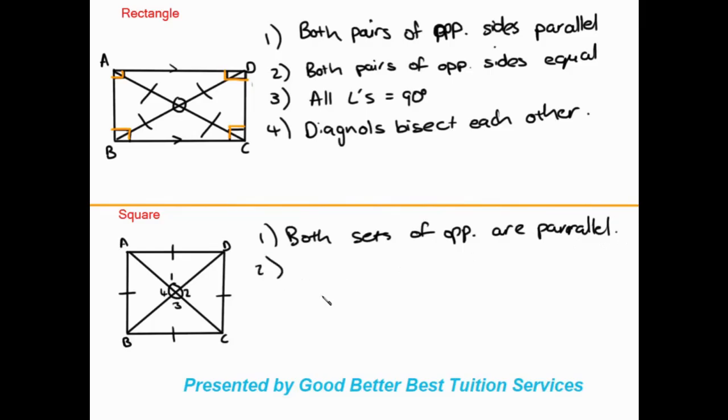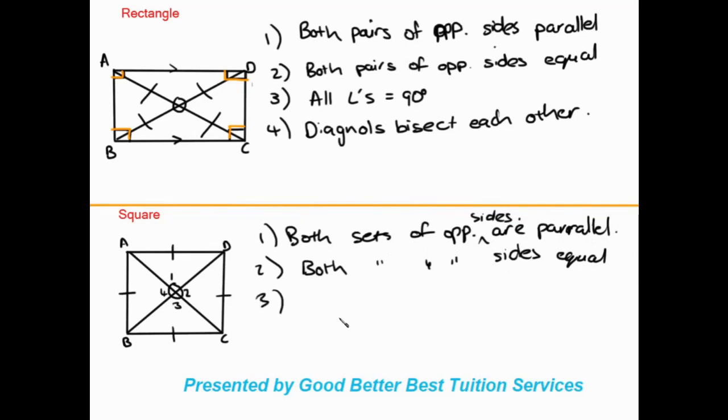Our second property is both pairs of opposite sides are equal. Sorry, I didn't put sides over here. So that's both sets of opposite sides are parallel. Now both sets of opposite sides are equal.